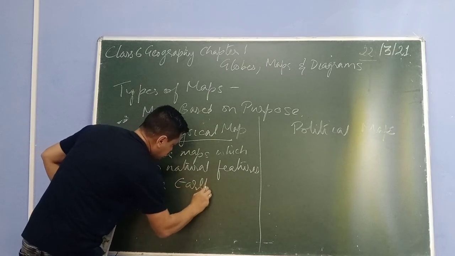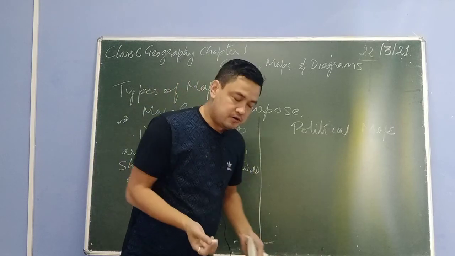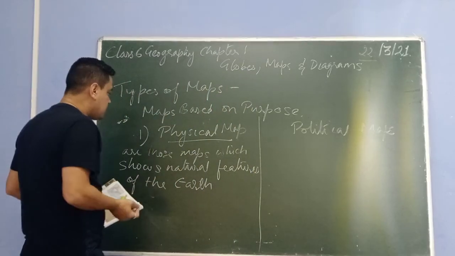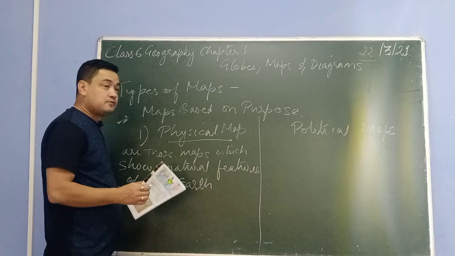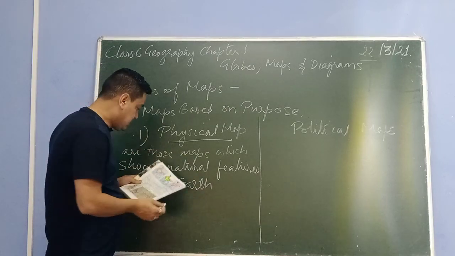Now what are natural features? It is not made by man, it is made by nature, it is made by God, in our understanding. So we are talking about those features which are natural features.